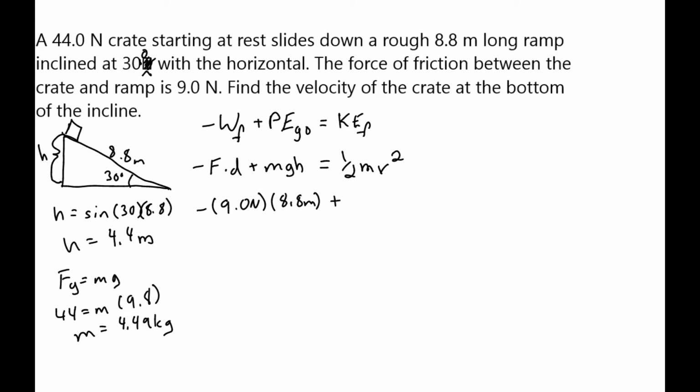And now we've got plus 4.49 kilograms times 9.8. Found our height to be 4.4 meters, equals 1/2 times 4.49 times v squared.